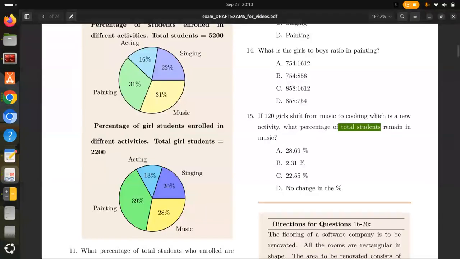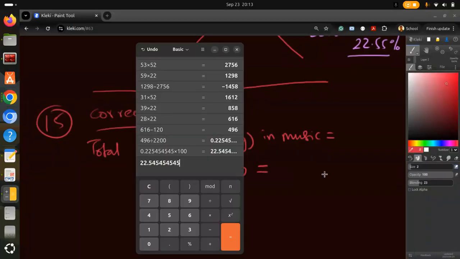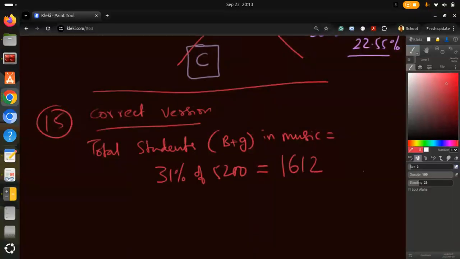So I'll look at the first pie chart. Music is 31%, 31% of 5200, which is 31 into 52, 1612. 1612 is the total.